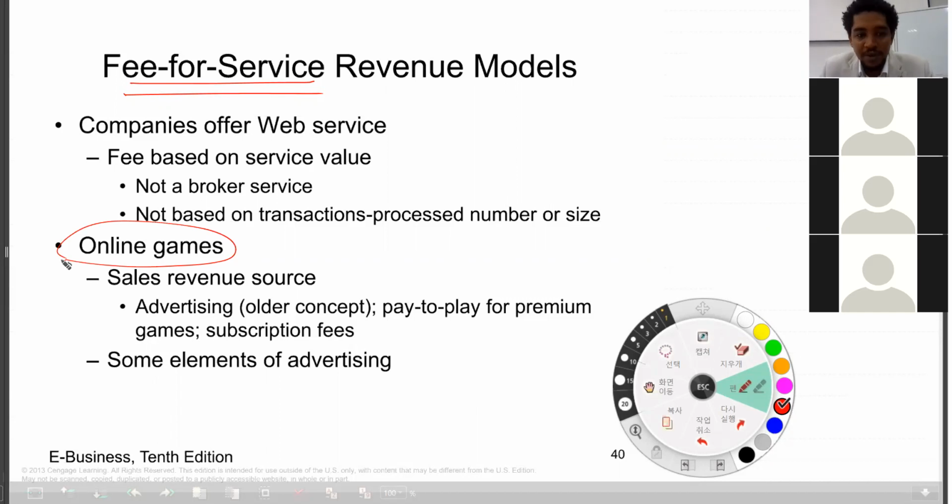You subscribe, then you pay. This payment is for the service rendered to you by the business. The sales revenue comes from a subscription or pay to play premium. You pay once and play, or you can subscribe and pay to play for a month or a year, okay?